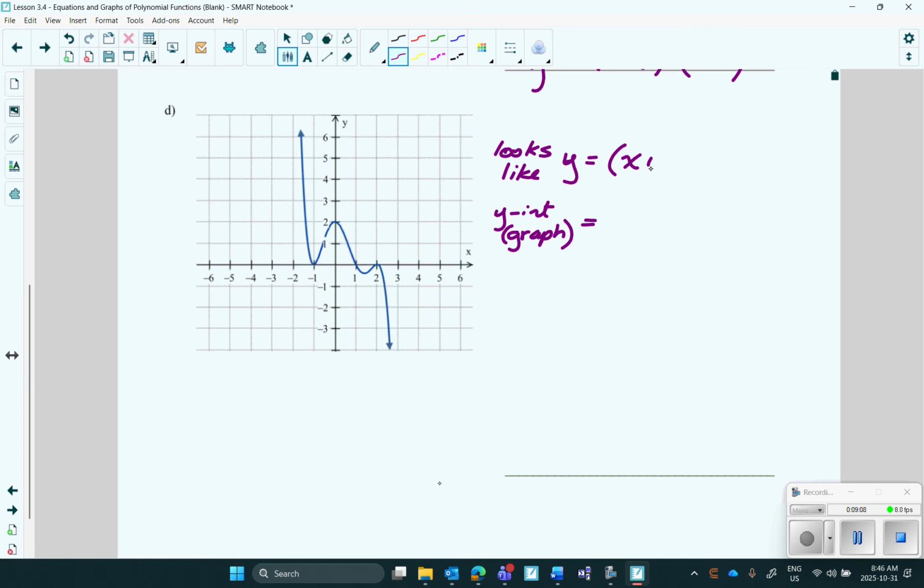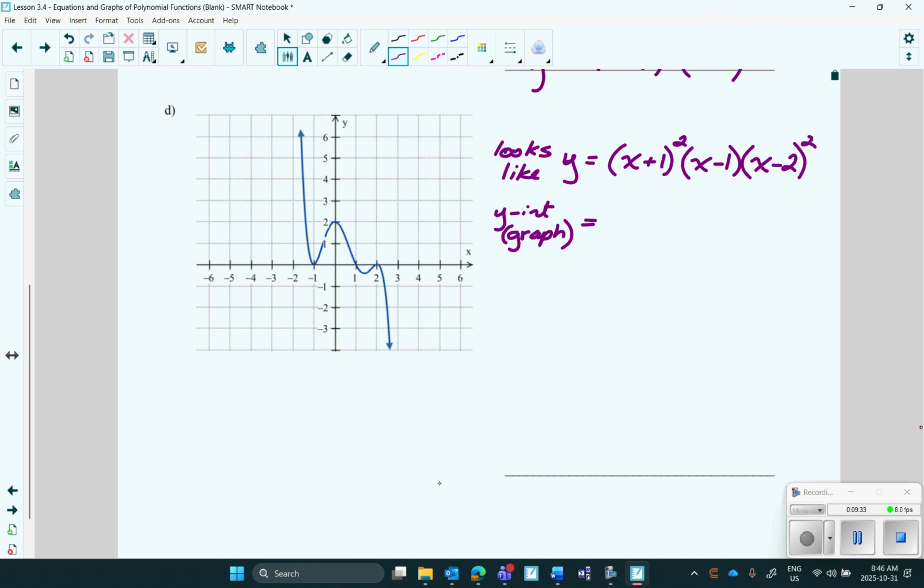X plus 1 squared, x minus 1, x minus 2 squared. Which makes sense because how many x's am I multiplying? 1, 2, 3, 4, 5. And that's what an x to the fifth looks like.